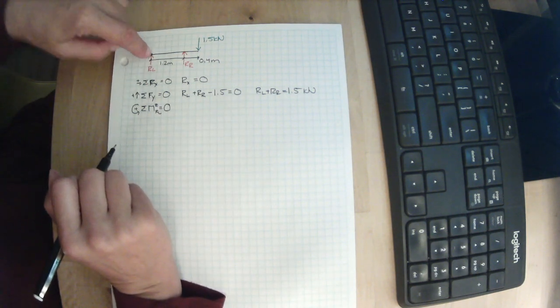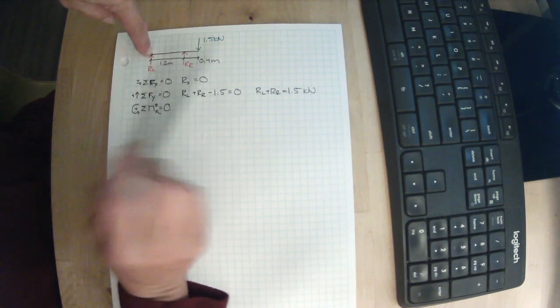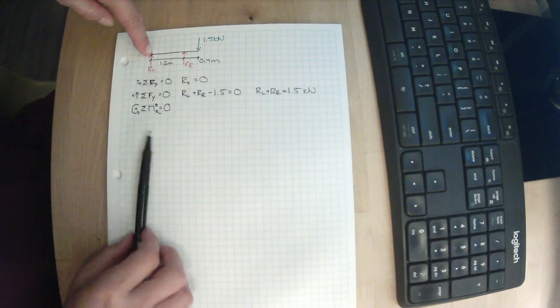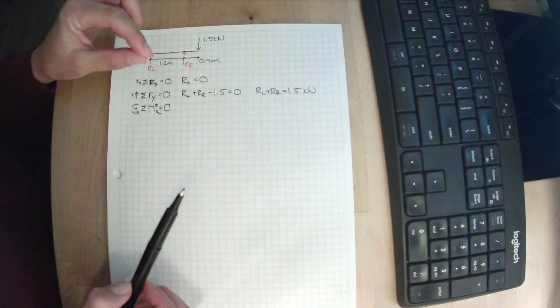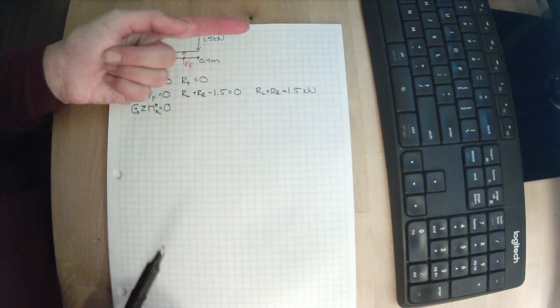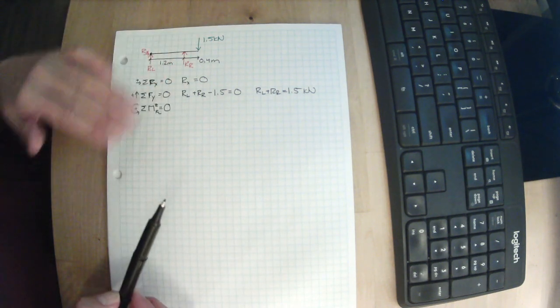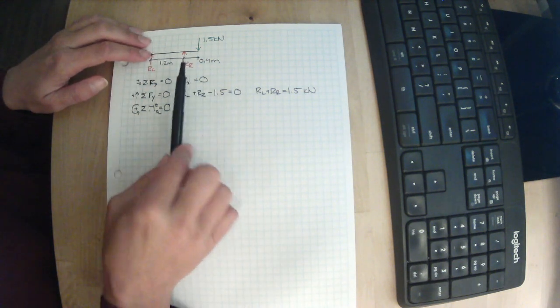So if I pick this point right here, and I am saying that everything is trying to spin about this point, RL passes right through the node. So there's no eccentricity, which means it doesn't cause it to spin. Rx passes through the node, which means there is no eccentricity, so it doesn't cause it to spin.